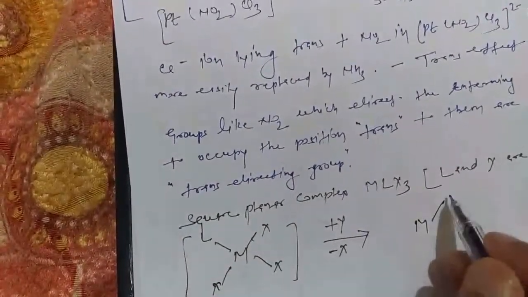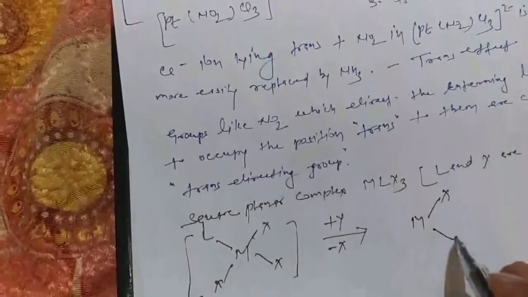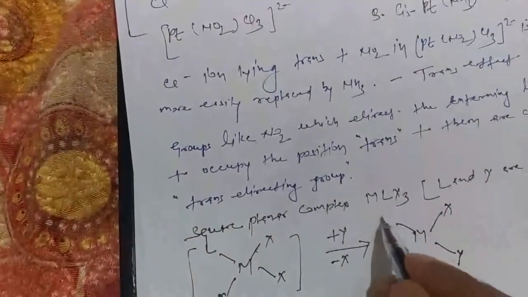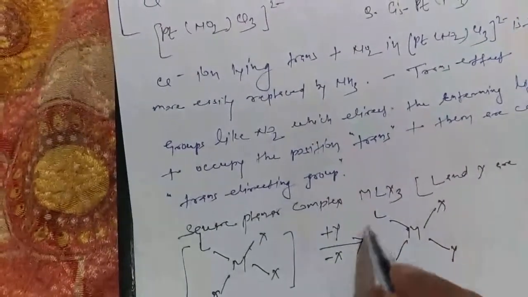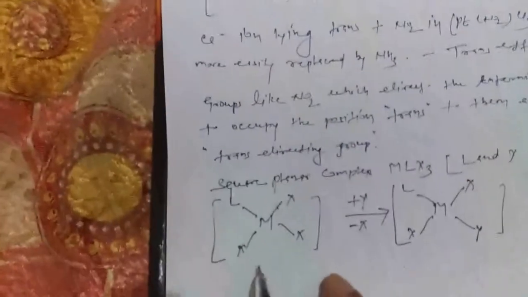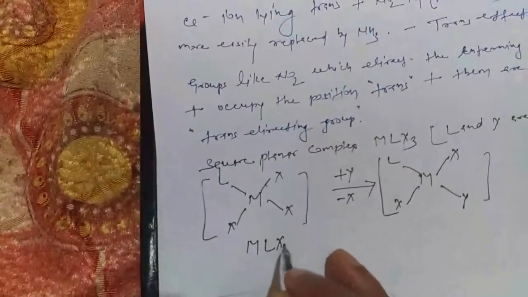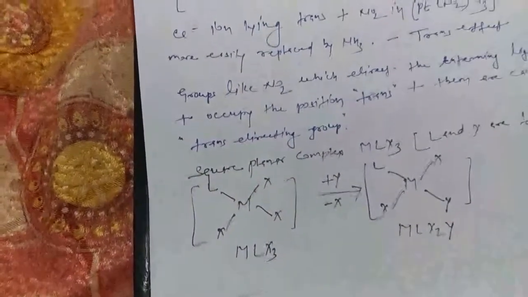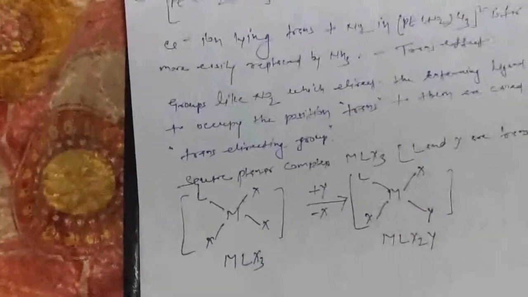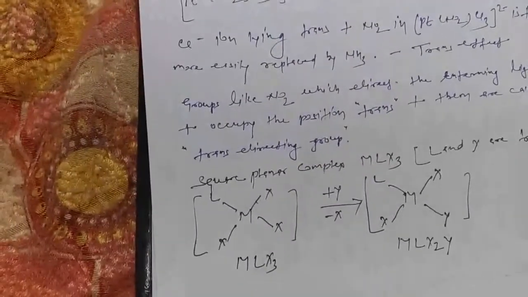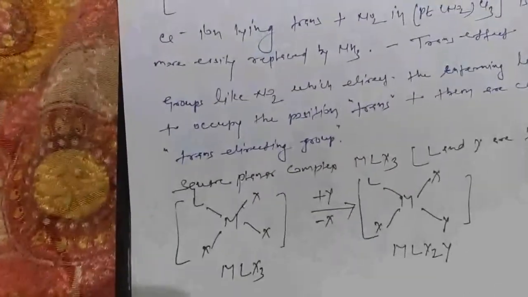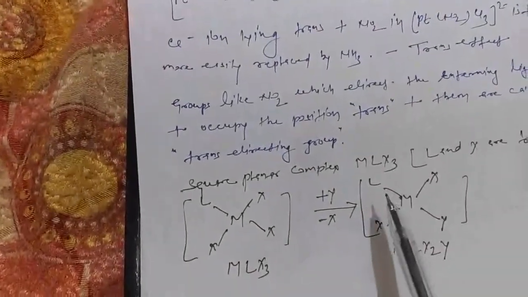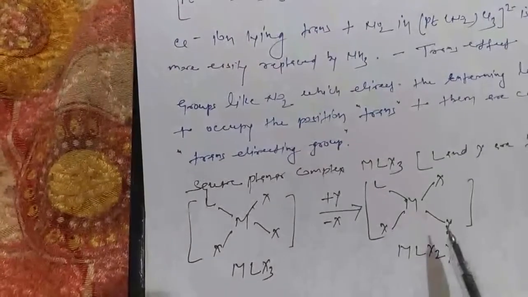So MLX3 gives MLX2Y. This is called the trans effect. Thus L has a greater trans effect than X.